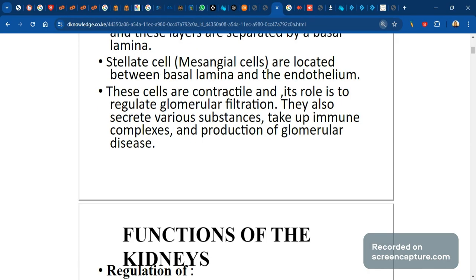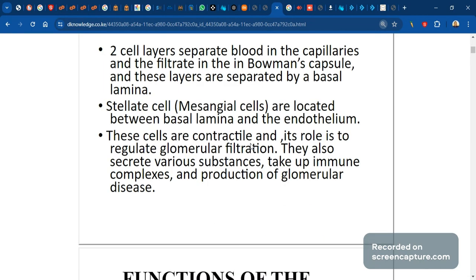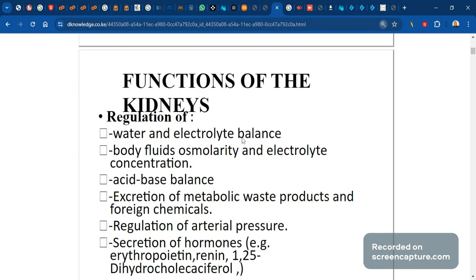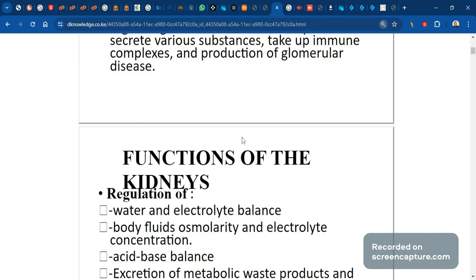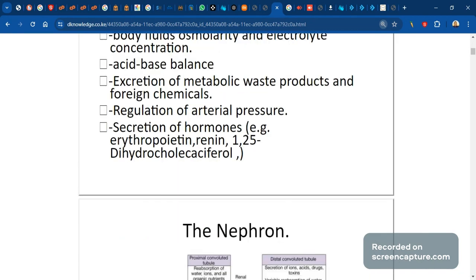So the mesangial cells also secrete immune complexes and are involved in the production of glomerular diseases. They prevent conditions that can come because they have an immune response. So, functions of the kidneys. I've talked about water and electrolyte balance, body fluids, osmolarity and electrolyte concentration, acid-base balance, that is the pH balance, excretion of metabolic waste, regulation of arterial pressure, and secretion of hormones.